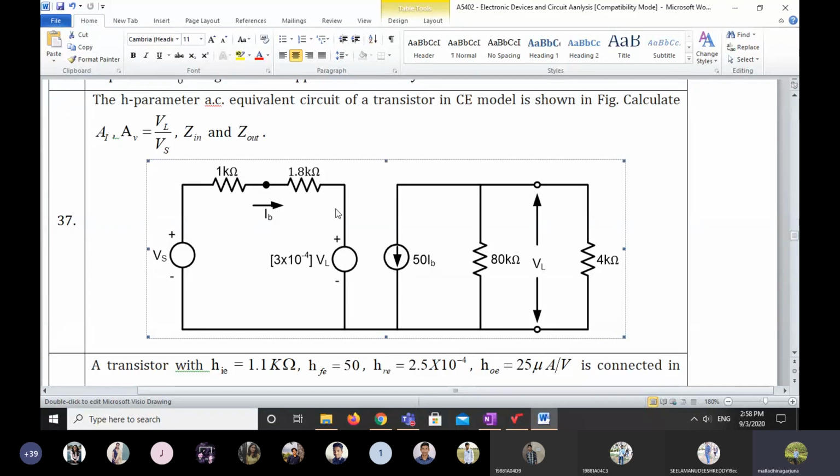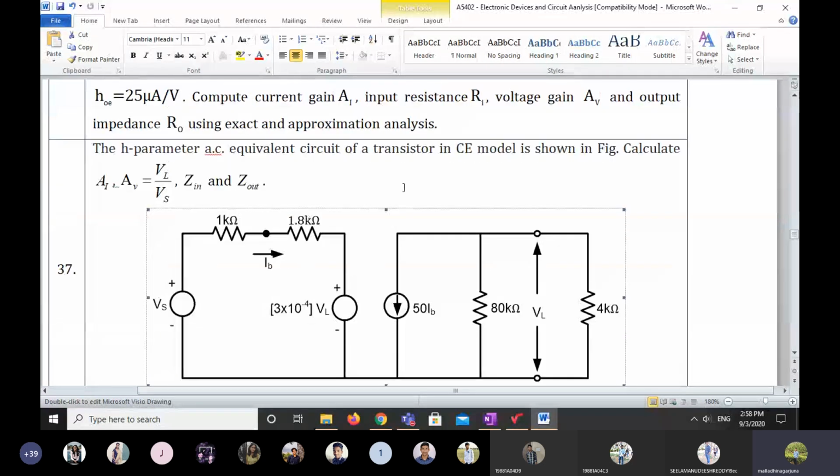So tell me the typical values of the h-parameters from the circuit. What is the HI value here? In this circuit, 1.8K, right? HRE value? 3 into 10 to the power minus 4. HFE value? 50.